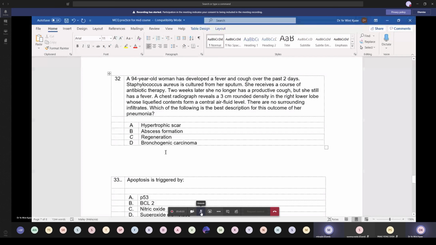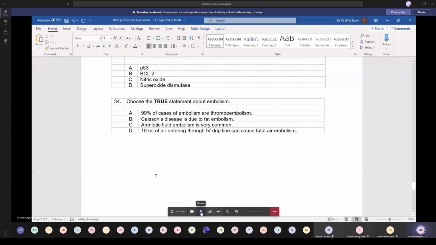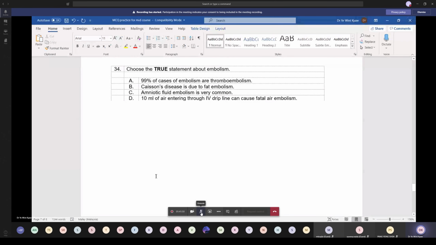So 34, embolism, you can choose. Only true, only one. B. B is true. Patient fat embolism. Oh my god.